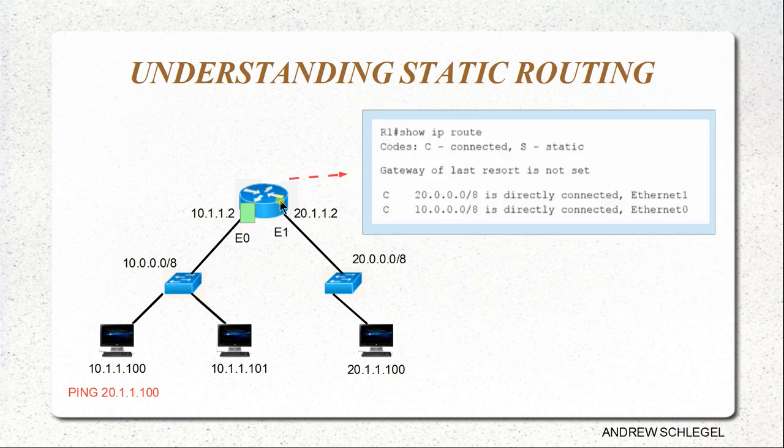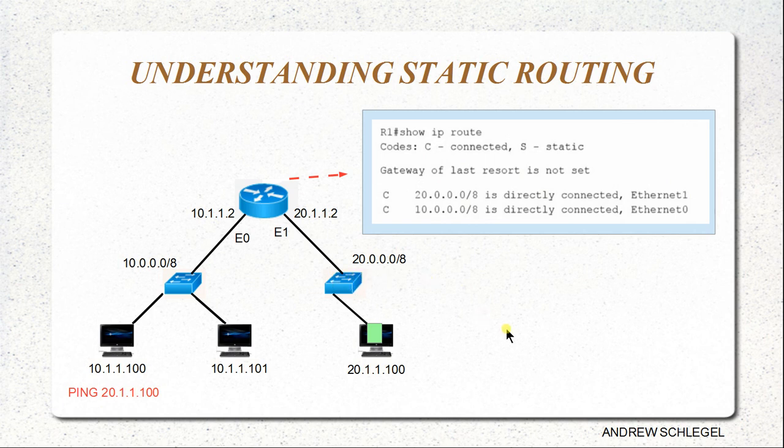Now the router looks at its routing table and it says, oh, you want to go to the 20 network. Well, I'm directly connected to the 20 network. I know where that is. That's out Ethernet 1. So he simply sends the ping request out Ethernet 1. And off it goes to the 20.1.1.100. Now be aware that there is some intelligence going on with the switch here, but that's beyond the scope of this discussion.